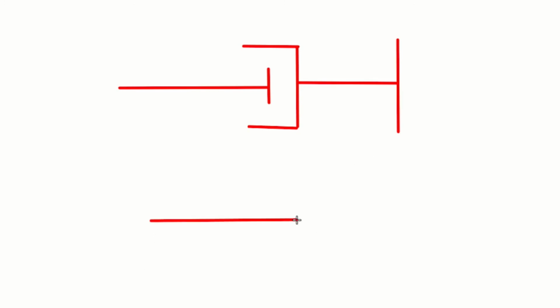Now again, just like the spring, it has two ways. One is with one end fixed to the reference, whereas the other way of representing it is with displacement at both ends.